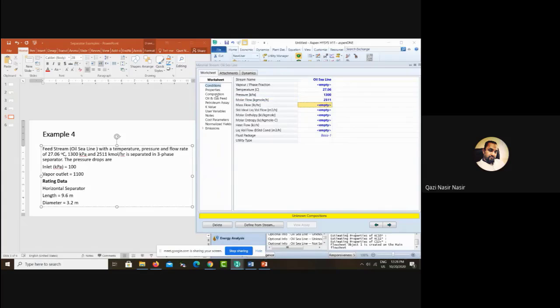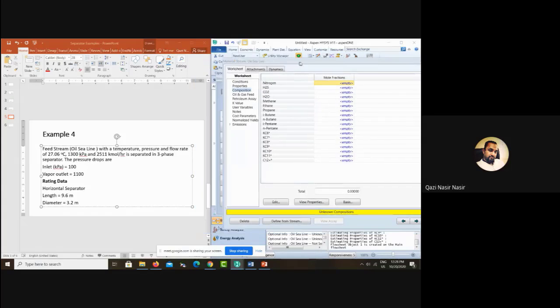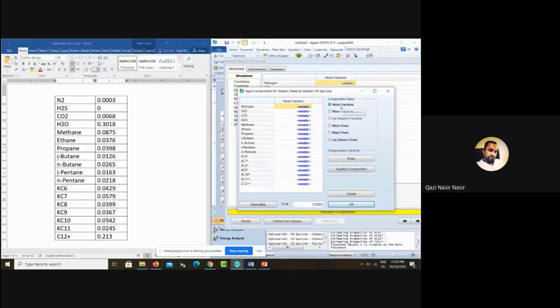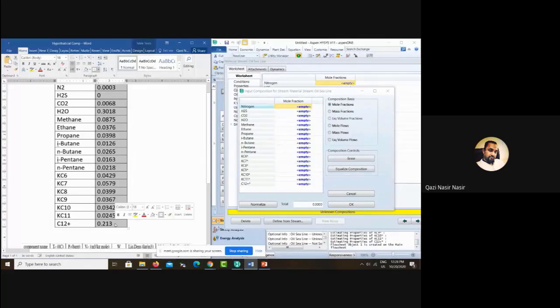Okay, and again we need to key in all the composition, so I need to use the Word file. This will be in terms of mole fraction. I think I can copy all of them and put them in with just one click. I think I can do this. Try. Yes.